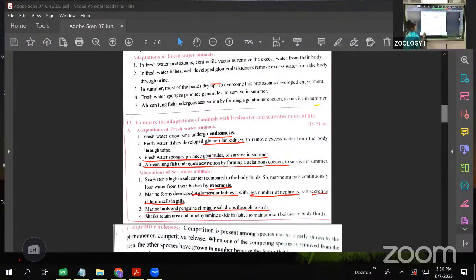Next, the sharks. One more special point is given here. Sharks retain urea and trimethylamine oxide. The fishes maintain the salt balance. This is the comparison between the fresh water and the marine water mode of life. Clear?